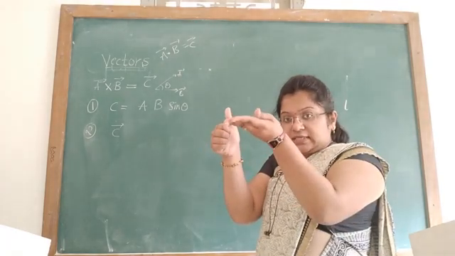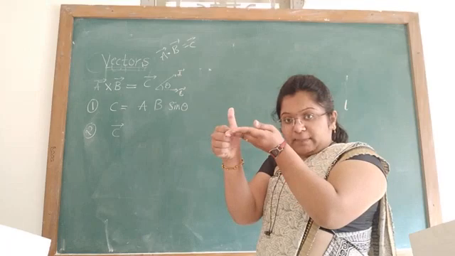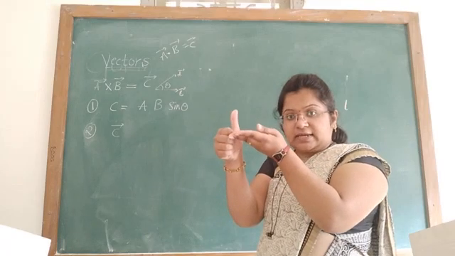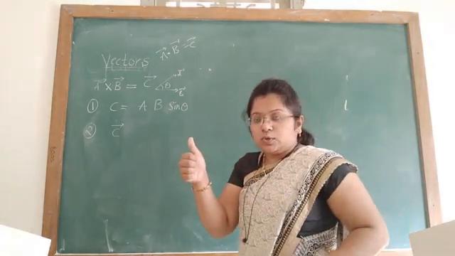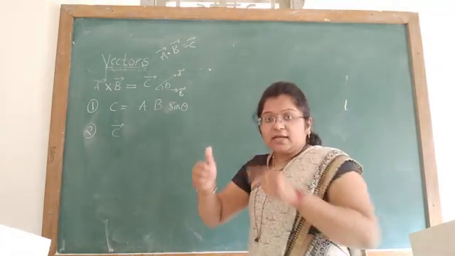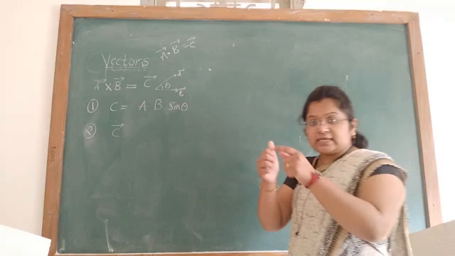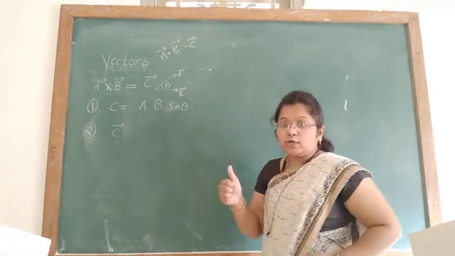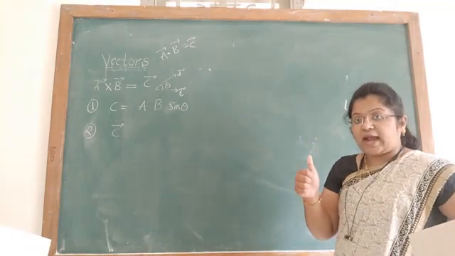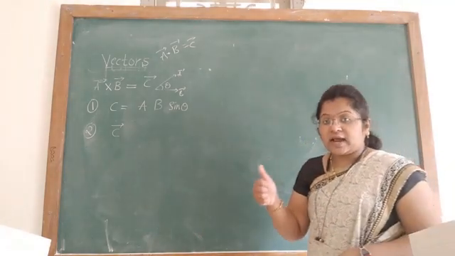A and B are in this plane and C is perpendicular to that. Can you see the 90-degree angle here? So A and B are two vectors lying in the same plane and the direction of C will be perpendicular to the direction of A and B. This is the right hand rule.